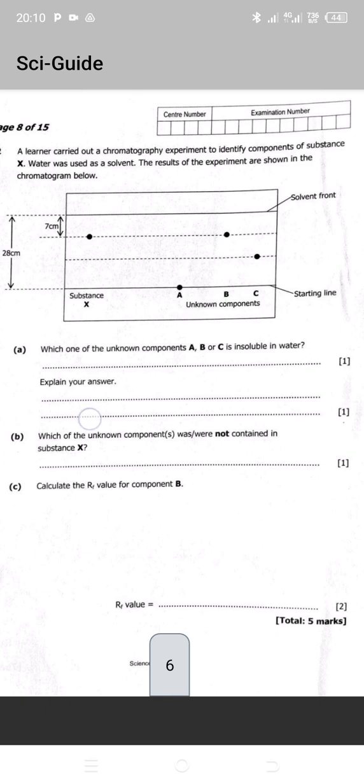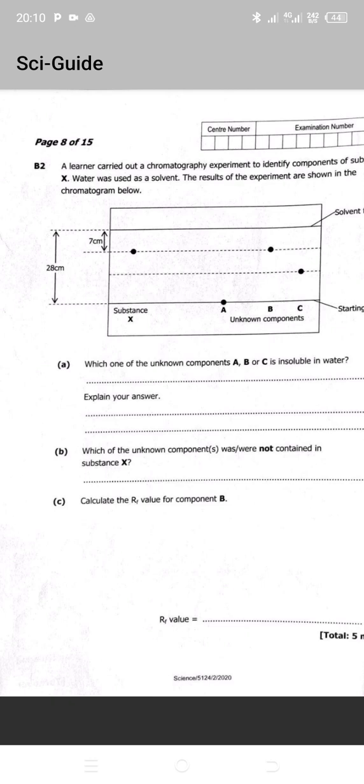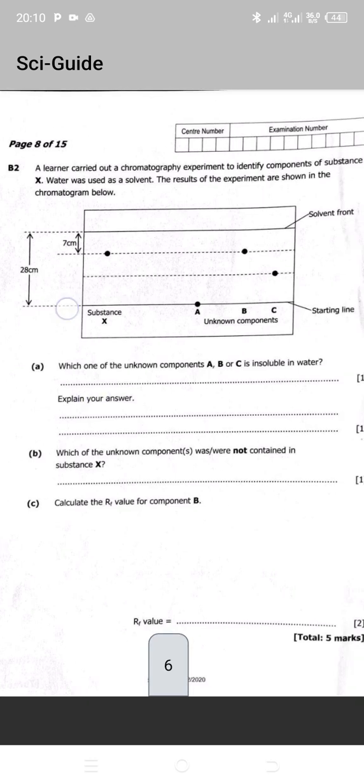So from here, how can we get the distance moved by the spot? First of all, we have been given 28 centimeters, which is the distance moved by the solvent front. From the starting line to the solvent front here, we have been told that it is 28 centimeters. And from component B up to the solvent front, we have been told that it is 7 centimeters.